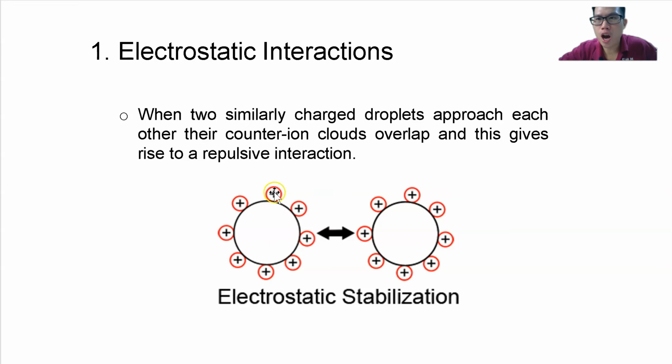This region has charge, which can be positive or negative. In this case, what is shown is a net positive charge at the outer layer, because of the emulsifier region up here.